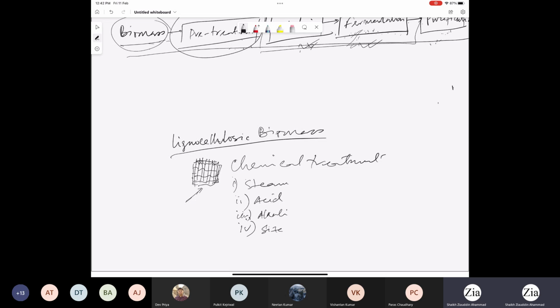When you try to reduce the size, means if you just chop the biomass to a very fine size, then also you will have significant breakage of this protective layer of lignin. So size reduction, and then you have biological treatment or enzymatic treatment.